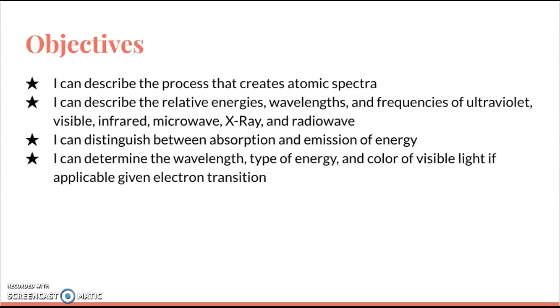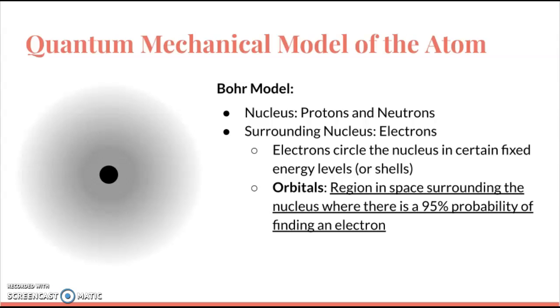All right, so let's start today. We're going to review a little bit about the Bohr model, and we're going to get into it, right? So we have been learning in the past couple days what a Bohr model is. And we know that we have a nucleus filled with protons and neutrons, and surrounding the nucleus we have electrons, okay? And electrons circle the nucleus in certain fixed energy levels, or shells, what we call them, right?